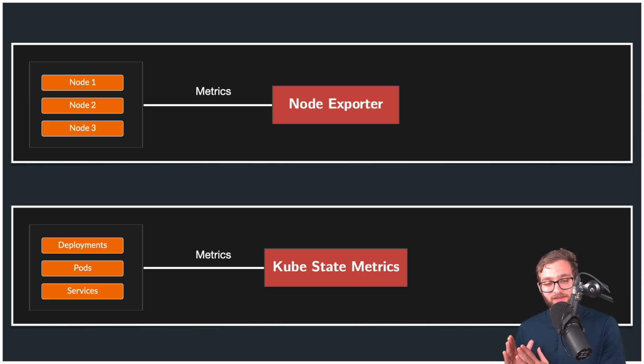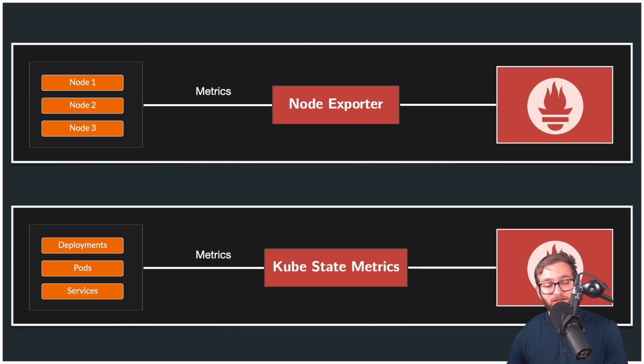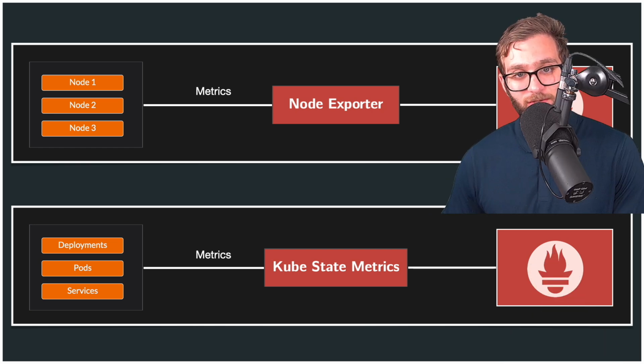And this one is designed to collect metrics that allow us to monitor the health, configuration, and availability of all of your Kubernetes objects, your pods, deployments, and your services. And because both of these exporters are already shipped as part of the kube-prometheus-stack solution, the Prometheus instance is automatically configured to pull all of the metrics being collected by these exporters. So it's pretty cool if you think about it.